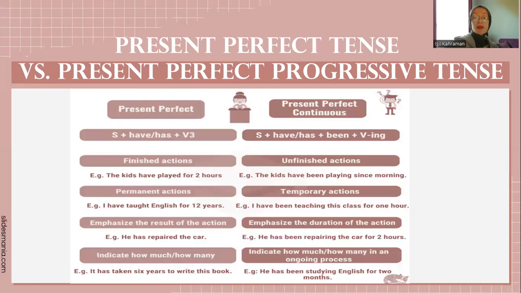In continuous tense, we indicate how long an ongoing process has lasted. It has taken 6 years to write this book. He has been studying English for 2 months. Maybe he will study it for 2 more months, like that. And that was the end.